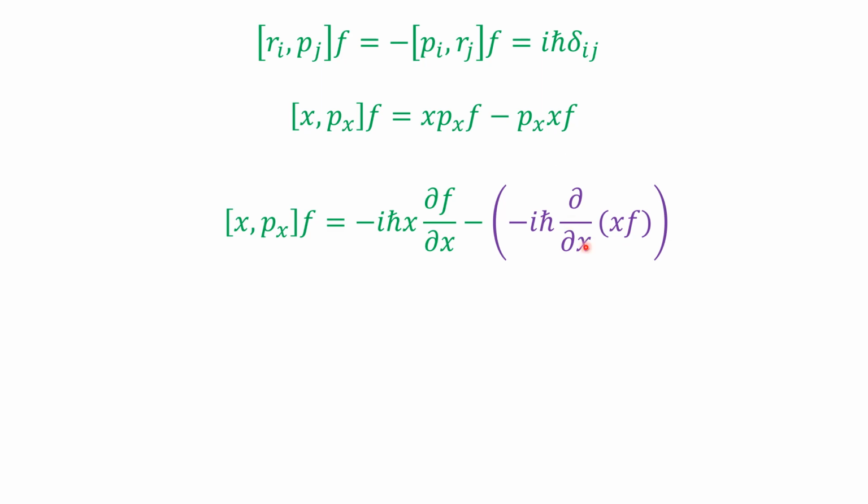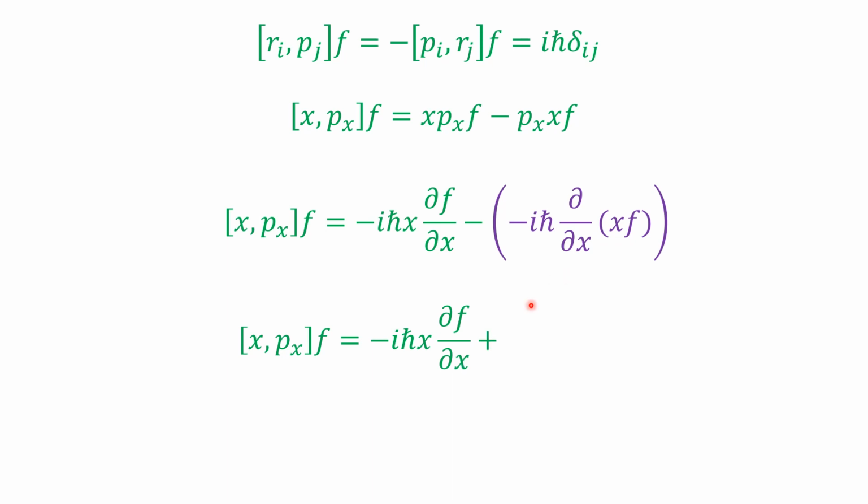So now you have to differentiate x multiplied by f, x f. Here only one term, f. So what will happen if you take differentiation with respect to x of this term? Now, the first term you keep as it is.